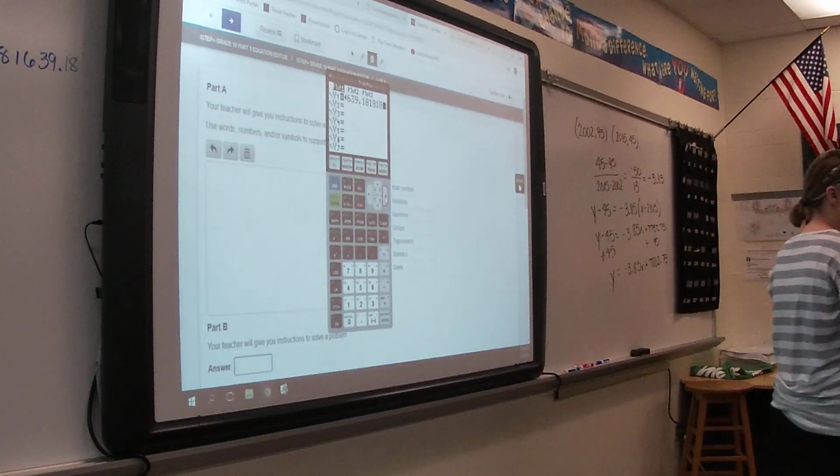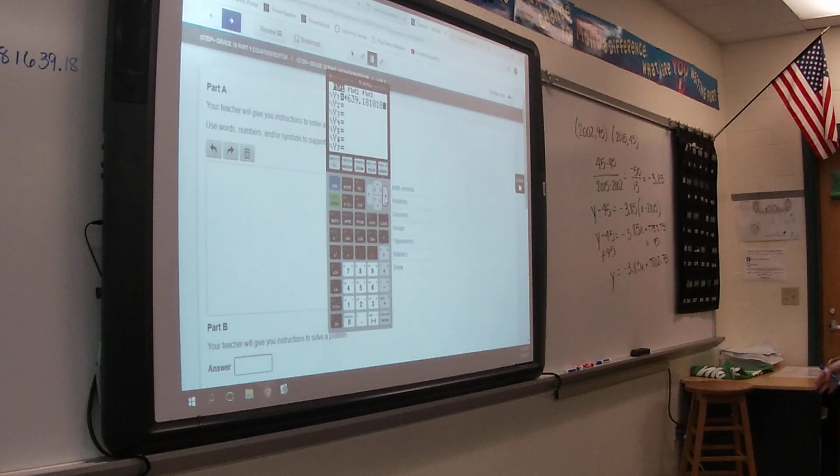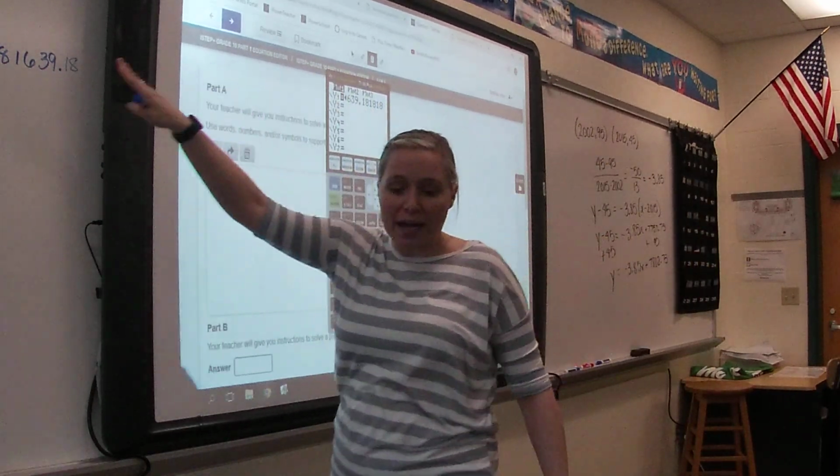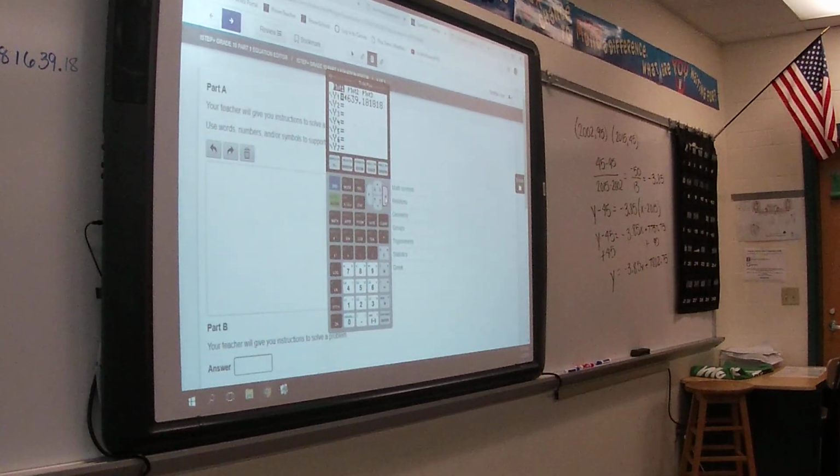That is the equation of the line, assuming we're picking the best points, finding the slope, plugging it into point slope form, and then solving for y. Our calculator just did all of that for us. And this is our answer to number 18.